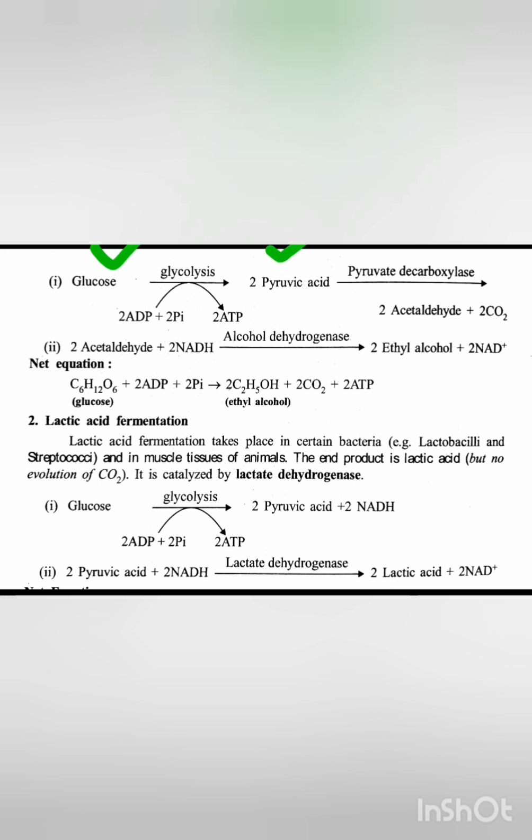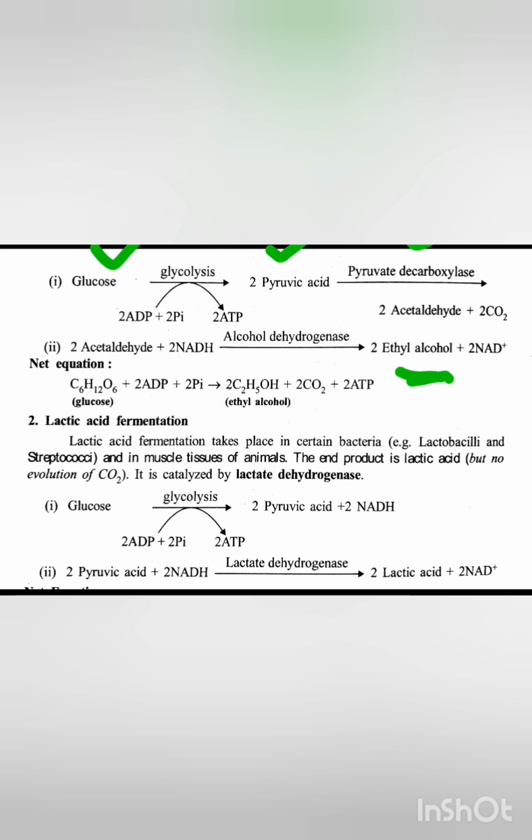At first 2 pyruvic acid is formed. Then from pyruvic acid, 2 acetaldehyde with 2 carbon dioxide are formed by the presence of pyruvate decarboxylase. Then from acetaldehyde, by the presence of alcohol dehydrogenase, 2 ethyl alcohol are formed.